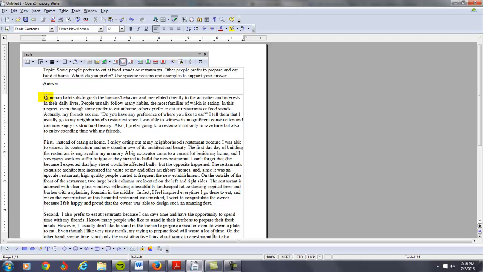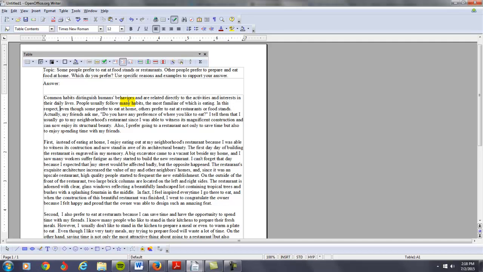Okay, let's take a look at each paragraph now. Common habits distinguish the human's behavior. I'm going to say humans, plural possessive, humans' behaviors, and are directly related to the activities and interests in their daily lives. People usually follow many habits, the most familiar of which is eating.